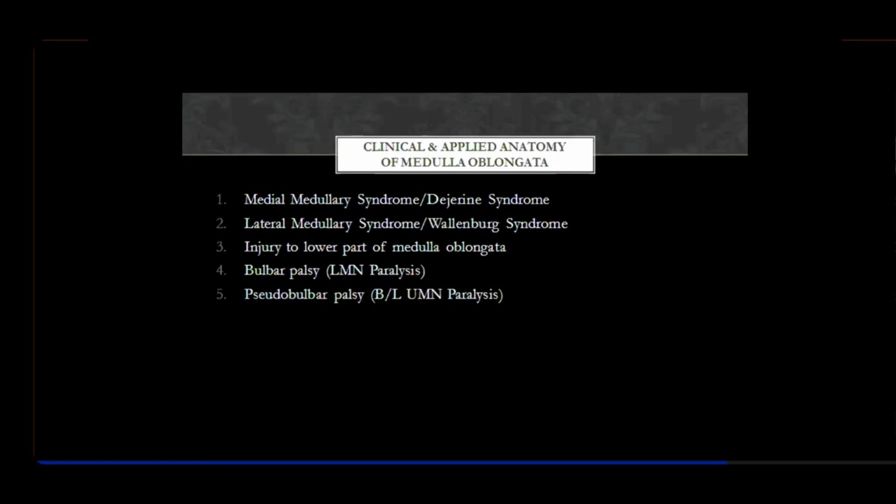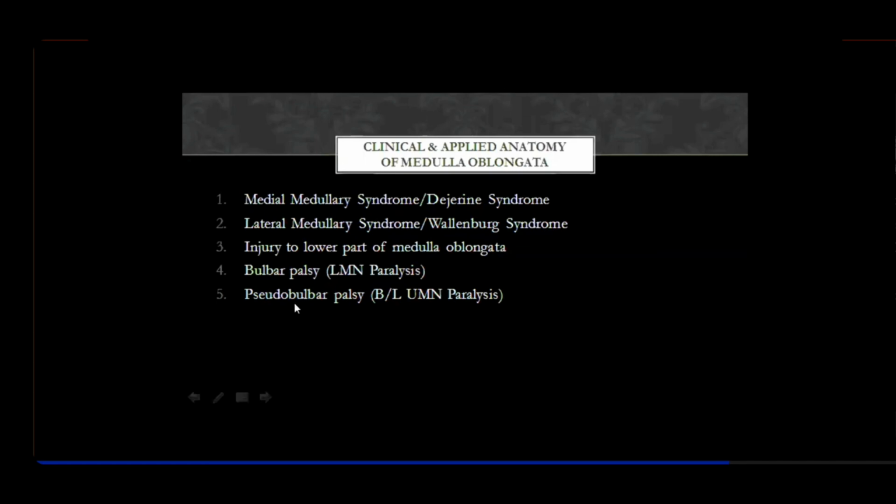So if there is a bilateral lower motor neuron injury or bilateral upper motor neuron injury, that mimics, because you can't differentiate, as the bilateral fibers are also lost. So this is called pseudobulbar paralysis.